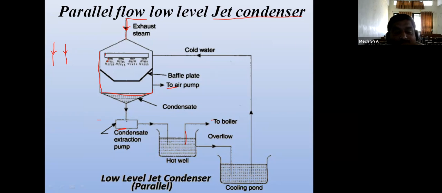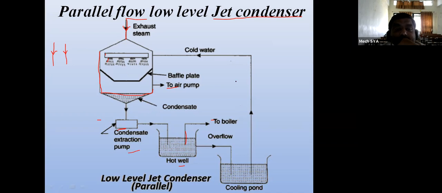Therefore, a condensate extraction pump is required. The hot well stores the hot condensate, and when required it can be refed to the boiler. If there is overflow, if more quantity is there, it is again supplied to the cooling pond. It will get cooled automatically.